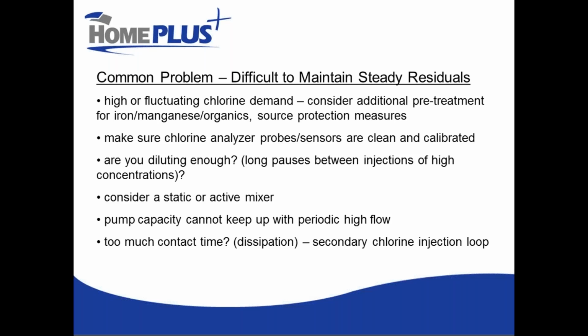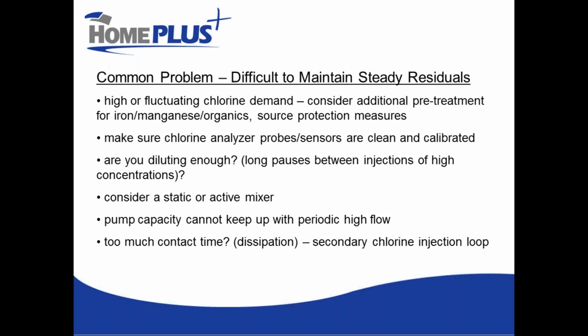Some of the things to pay attention to there would be: is the problem related to fluctuations in the feed water quality? There are various things in the water that the chlorine reacts with and gets used up, and that chlorine is no longer available to be part of our chlorine residual. So we have our total chlorine that we inject into the line minus our chlorine demand equals our chlorine residual. Organics and iron and manganese are usually our big chlorine demands.